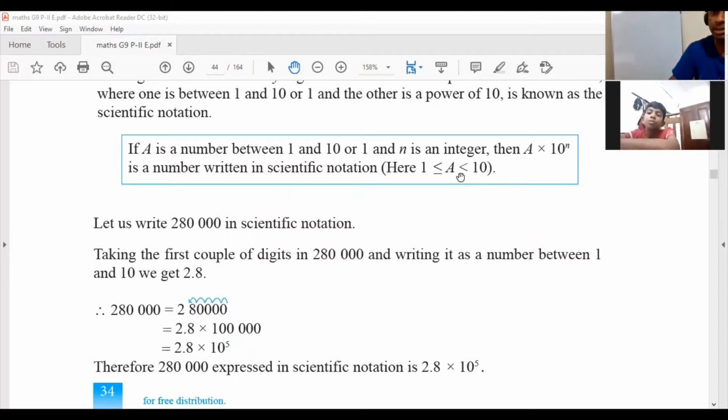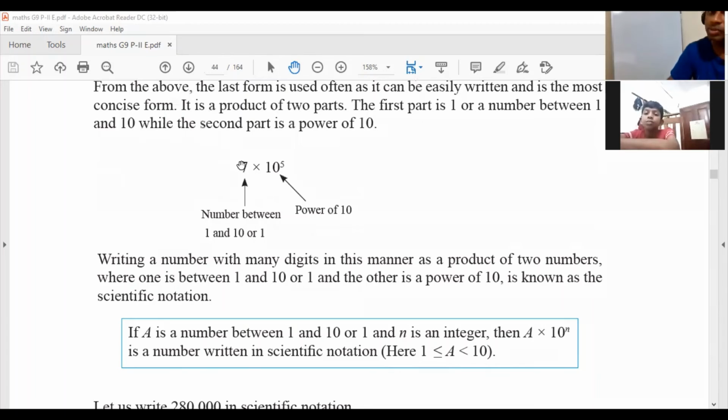It can't be equal to 10. This number should always be less than 10, but it can be equal to 1. And the number should be between 1 and 10. Is 7 a number between 1 and 10? Yes, sir. So this is 10 to the power 5.